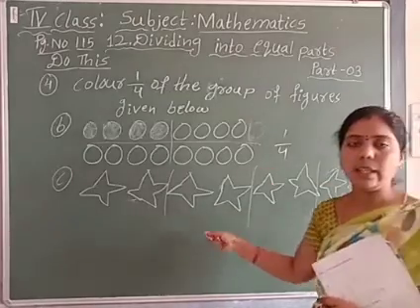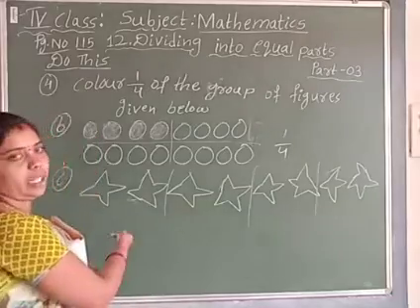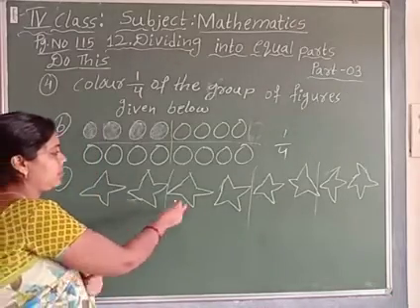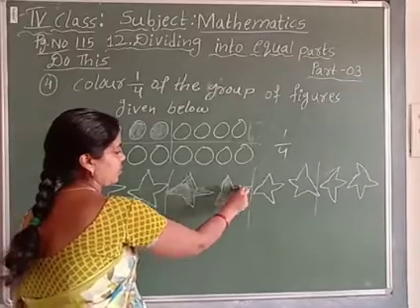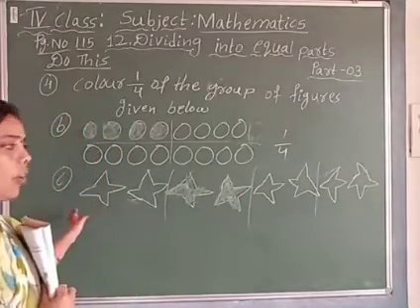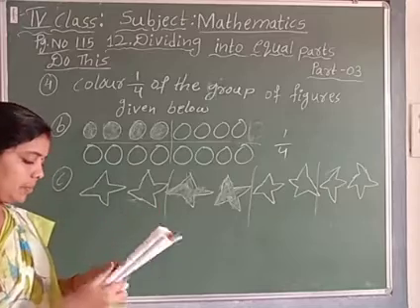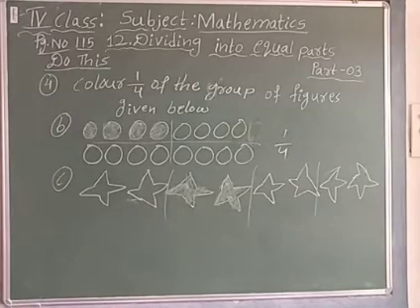So any 2 figures you will shade. Any 2 figures you will take. So take this one. So this is the 1 by 4th part. Understand now? So draw in your textbook and notebook, children.